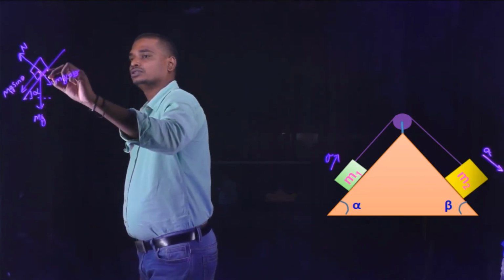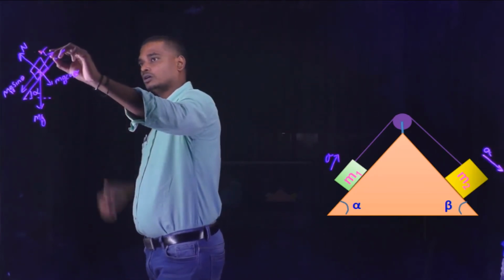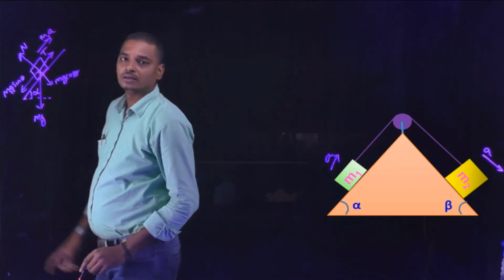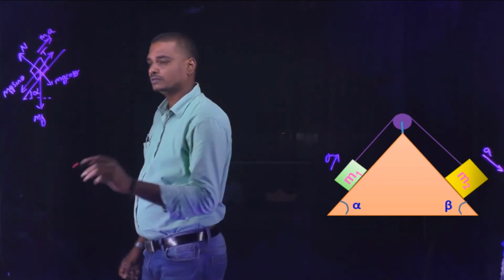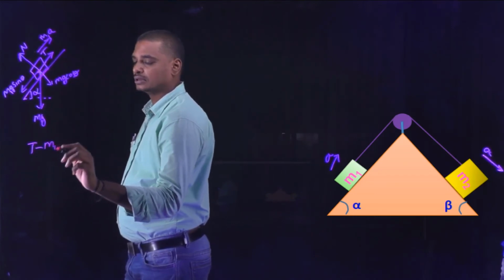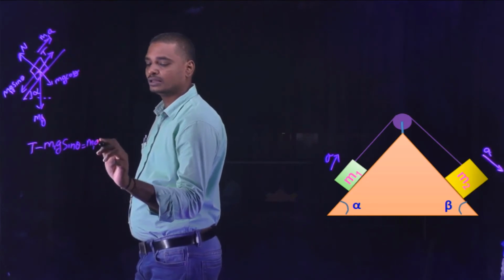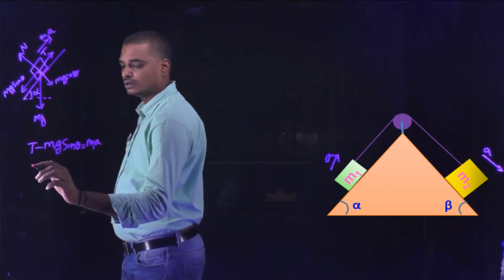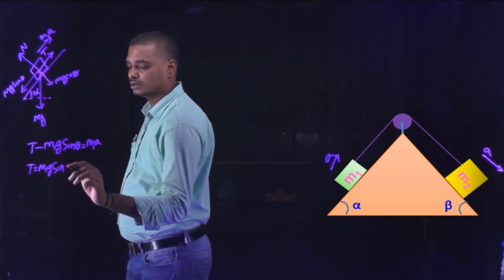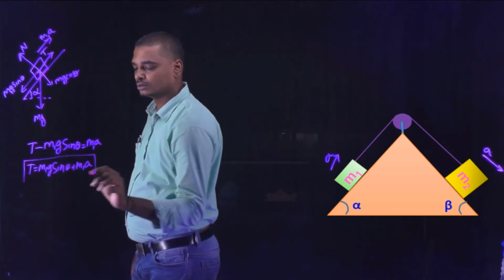There is a string connected to the block, so there is a tension T such that the block moves upward with a net resultant force of m1 a. Along the incline, the equation is T minus m1 g sin alpha is equal to m1 a. Therefore T is equal to m1 g sin alpha plus m1 a. Let it be equation 1.